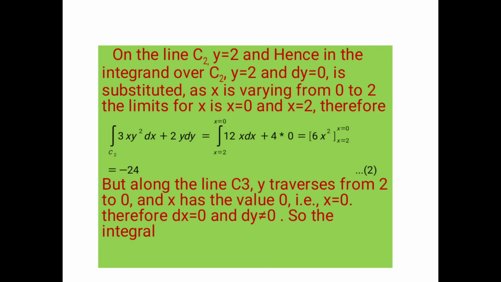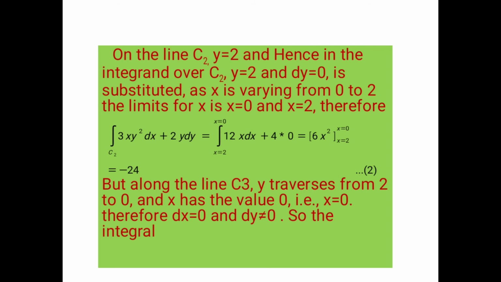But along the line C3, y traverses from 2 to 0 and x has the constant value 0, that is x = 0, therefore its differential dx is also 0, but dy is not 0. So in the integrand we will retain the y terms and dy terms.